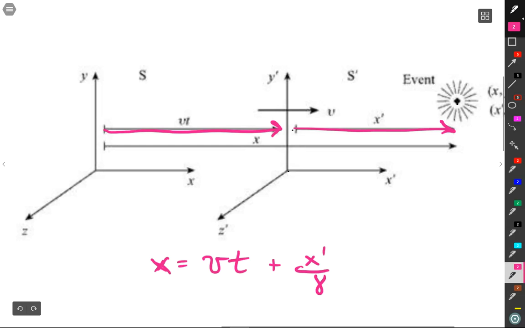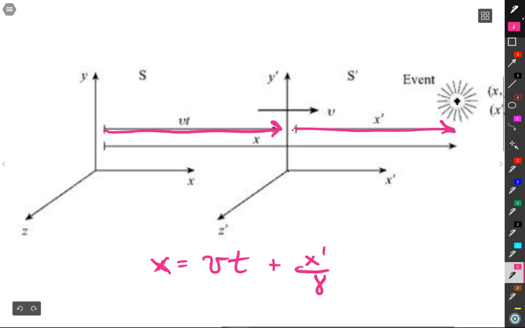And so in the unprimed frame, that distance x prime is x prime over gamma. And since we're asking how big is it in the unprimed frame, we have to use the contracted length of this, not just x prime. That's where relativity comes in. If we didn't have to use the contracted length, we would have nothing different from anything else we've done.